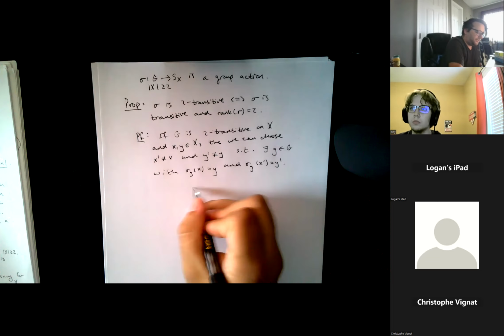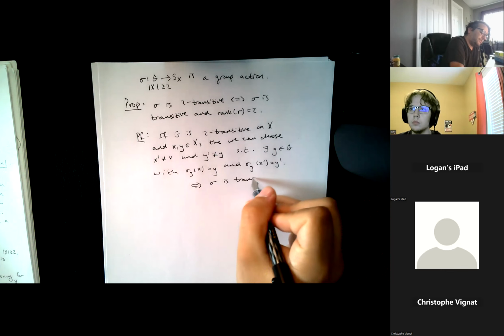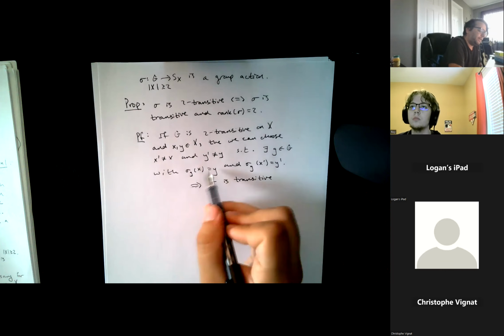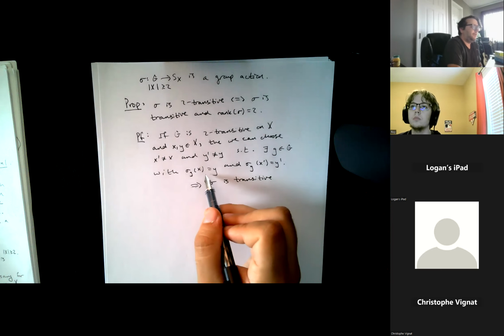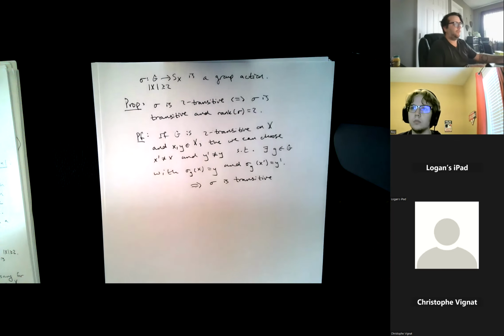So this shows that sigma is transitive, right? Because for any two elements, we've exhibited a group element that connects them. This other stuff here is just padding so that we can use 2 transitivity. We don't really care what these things are. Okay, so that's proof that 2 transitivity is stronger than transitivity. So if you have 2 transitivity, then you also have transitivity.